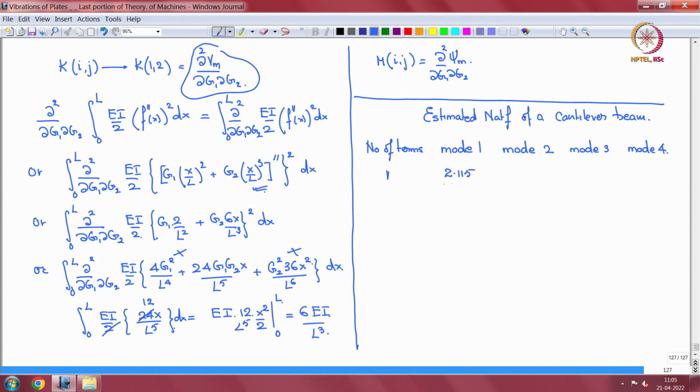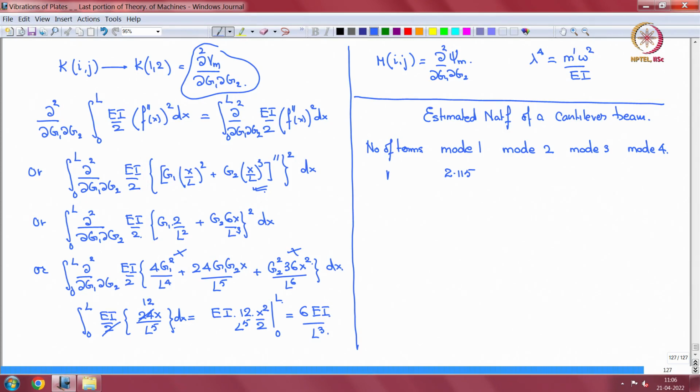Now what is this value? If you remember, lambda fourth was given by m dash, mass per unit length, m dash omega square by EI.